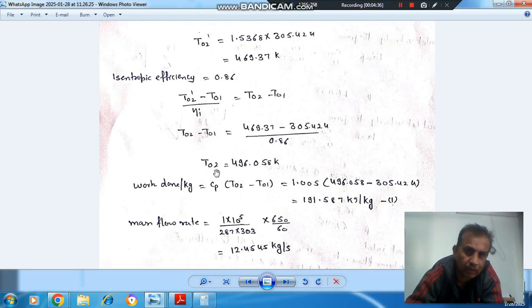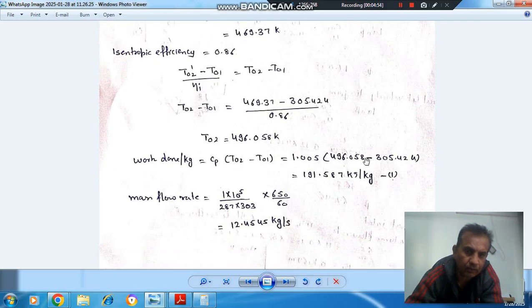Now we have the actual stagnation temperatures at outlet and inlet. So the work done per kg is Cp into (T02 minus T01). That comes as 191.587 kilojoule per kilogram.